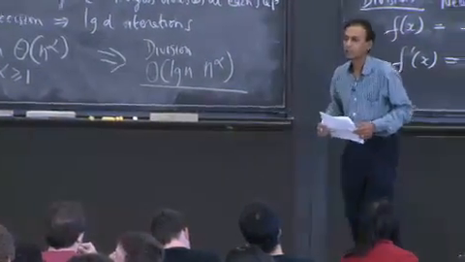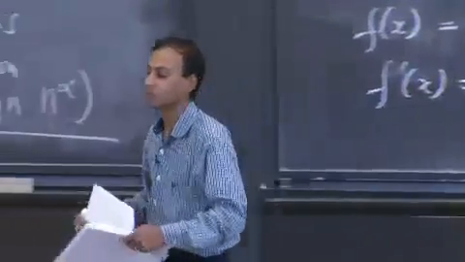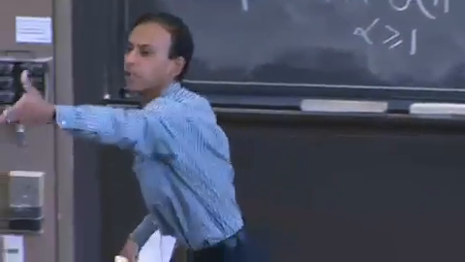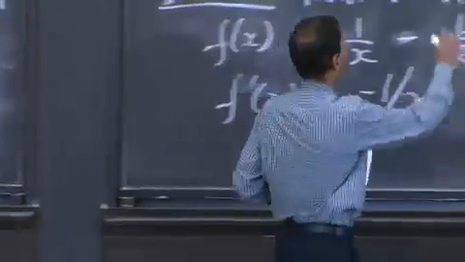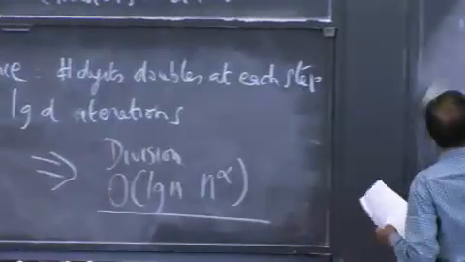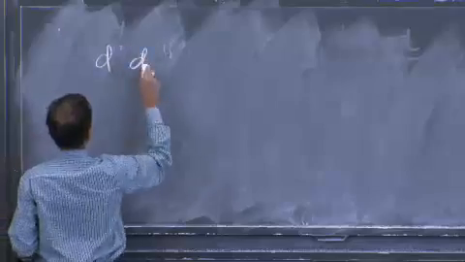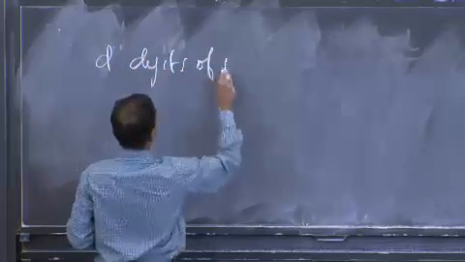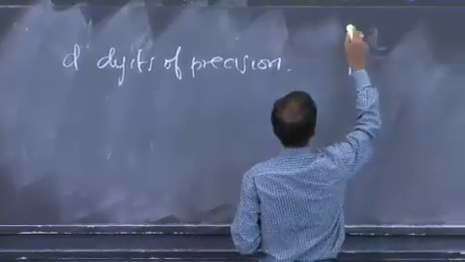And then you're going to eventually approach d to the alpha. That's exactly right. But now I want you, or someone else, to tell me what the iteration looks like. So here's the key observation. The key observation is that if I want d digits of precision, I'm going to start with maybe 1 digit of precision.